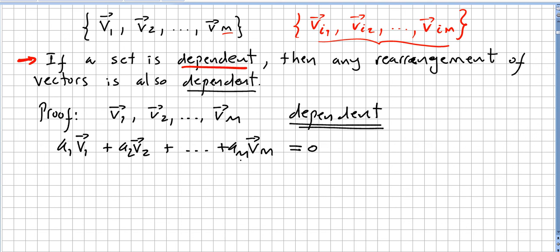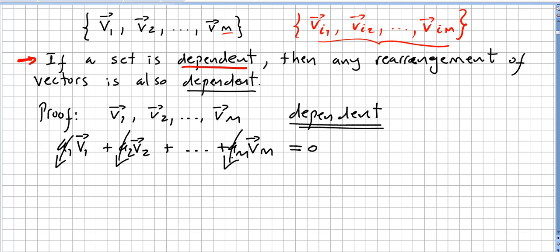So if they are dependent, this addition will be 0 without all these scalars being 0. So any number of these can be non-zero and we will get 0, so the set is dependent.